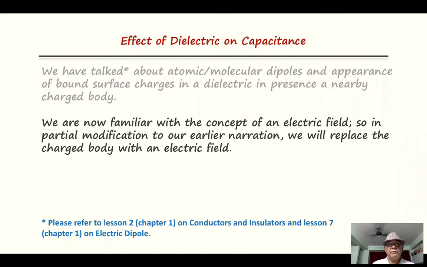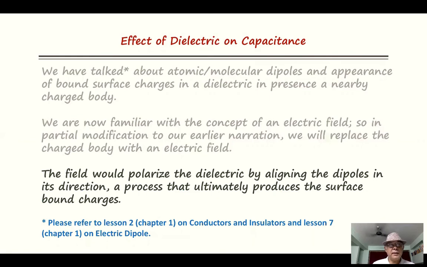We are now familiar with the concept of an electric field, so in partial modification to our earlier narration, we'll replace the charged body with an electric field. The field would polarize the dielectric by aligning the dipoles in its direction, a process that ultimately produces the surface bound charges.